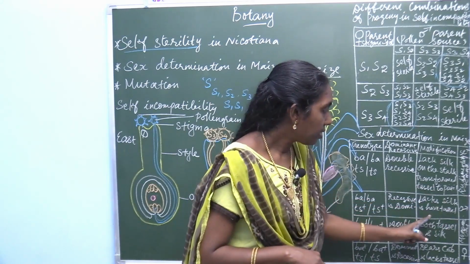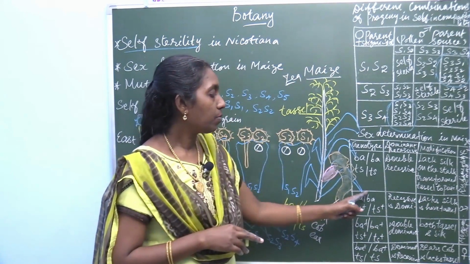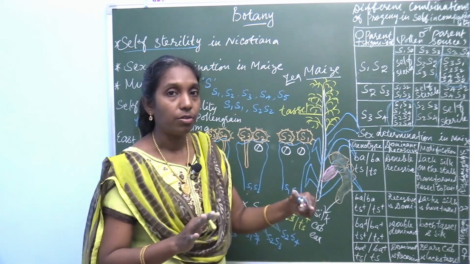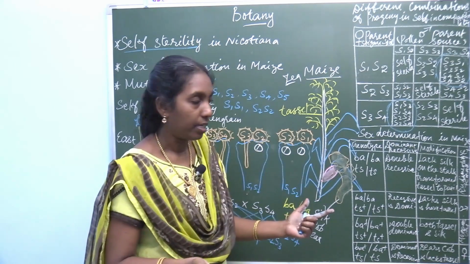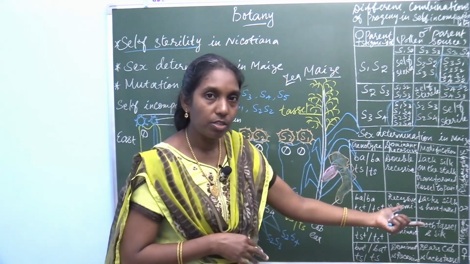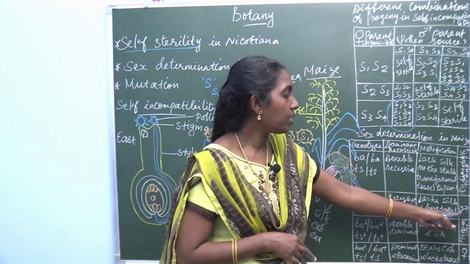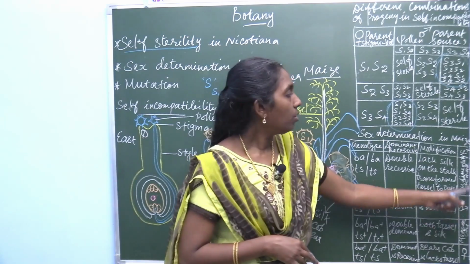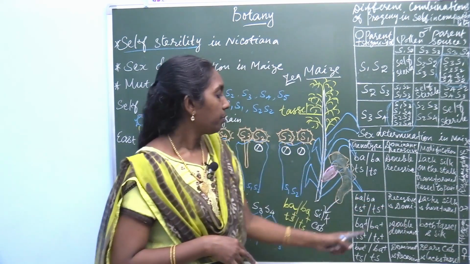It lacks silk and has tassel. BA is recessive, so the pistil is lacking, but the dominant character tassel is expressed. So here it expresses male. The sex is determined as male.